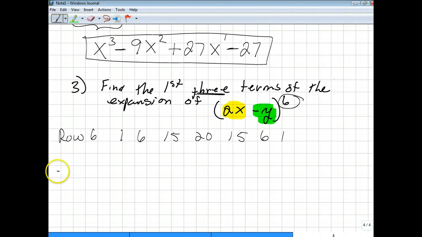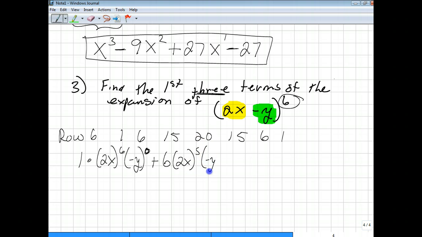So the first term is going to be our 1 times our A to the power, and our B to the 0, plus our coefficient times our A term to 1 power less, our B term to 1 power more, plus our next coefficient times our A term to 1 power less, our B term to 1 power more.